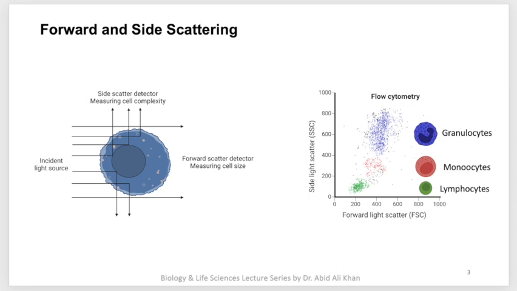Though between monocytes and granulocytes there's not a lot of difference in size. That's why on the forward scatter, that is the x-axis, there is not a huge difference, and they are more or less in the same region. But on the y-axis, the side scatter, the granulocytes are way higher on the scale, because they have a lot more granularity in these particles.